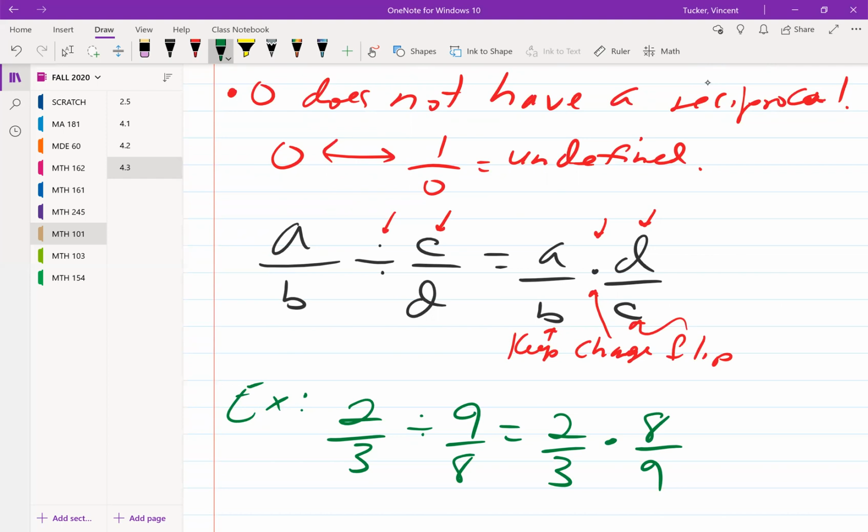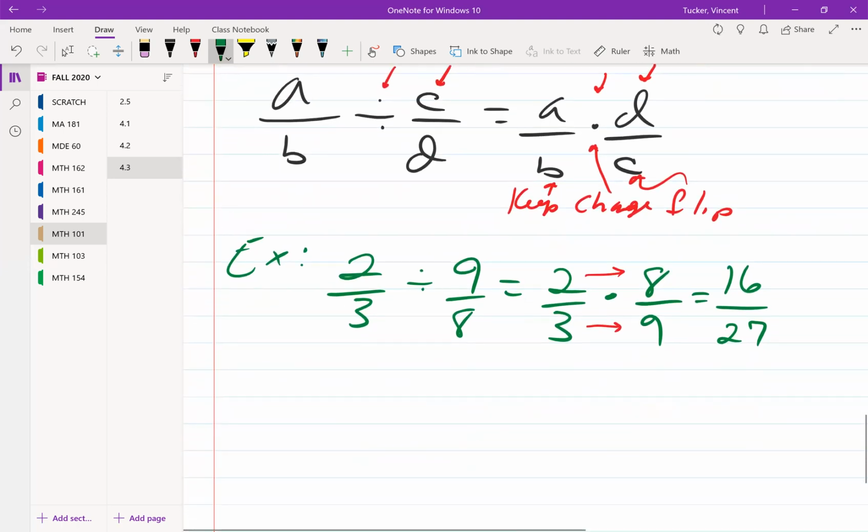Now we recognize that we cannot reduce anything, so we would just multiply across. 2 times 8 is 16. 3 times 9 is 27. So that's how you will do your division.